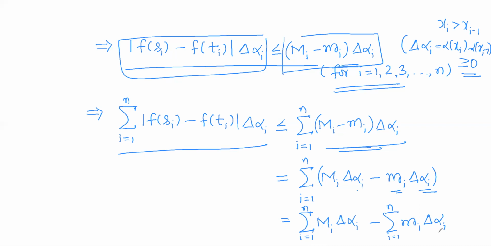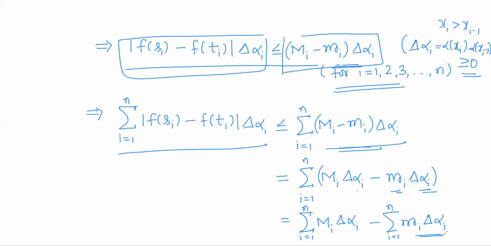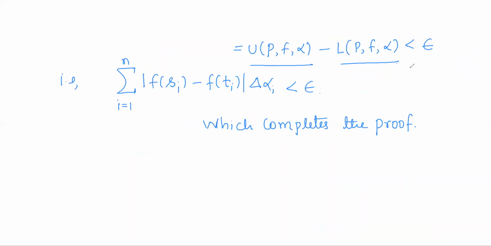According to our definition, the first summation is nothing but the upper Riemann Stieltjes sum U(P, f, alpha), minus the second term, which is the lower Riemann Stieltjes sum L(P, f, alpha). But according to our hypothesis, it is less than epsilon. So what we started with was summation f of si minus f of ti into delta alpha i, i running from 1 to n. This we got to be less than epsilon, which completes the proof.